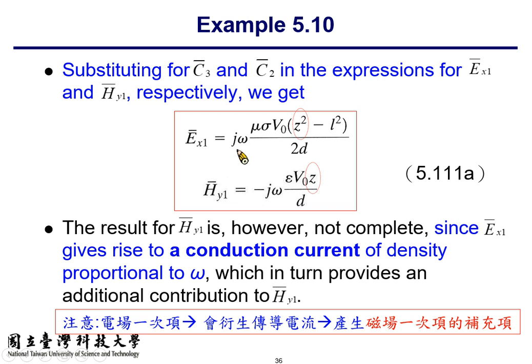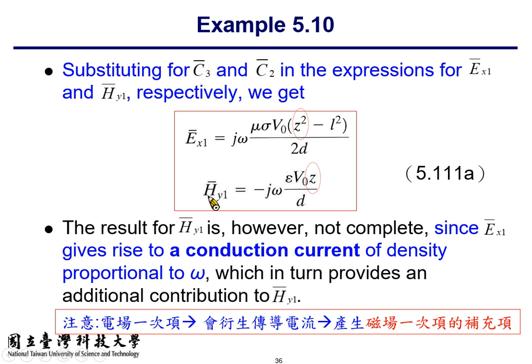So why do we refer to them as first order terms? Because the two expressions both exhibit the j omega term, so that's the first order time derivative term.